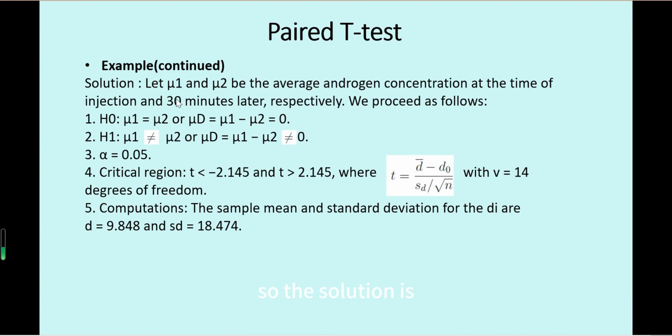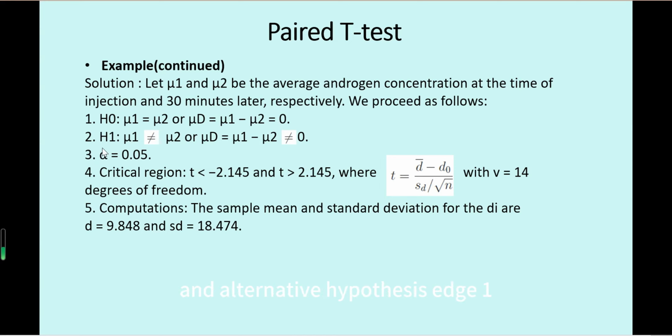So the solution is we let mu1 and mu2 be the average androgen concentration at the time of injection and 30 minutes later. So we form the hypotheses. The null hypothesis H0 is mu1 equals mu2, or say mu D is 0, so mu1 minus mu2 is 0. This is the null hypothesis we want to test.